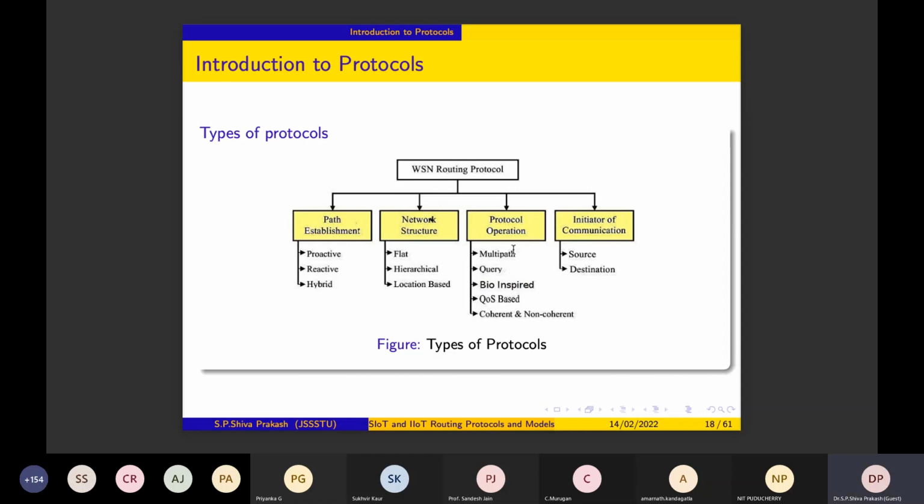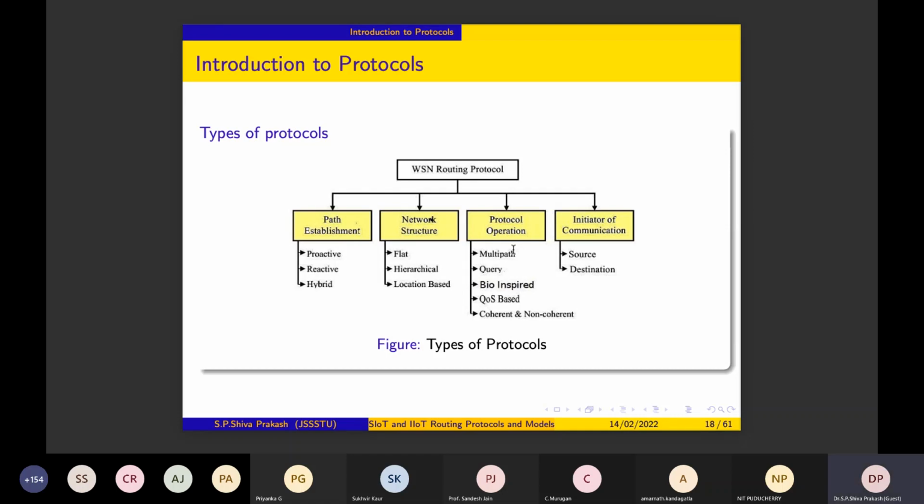Now, how do we adapt these WSN routing protocols to SIoT or industrial IoT? For that, we require not only these two, the source and destination, we take one more input, a service. And that service will be provided by the initiator, the user. That depends on the user and the object profiling.